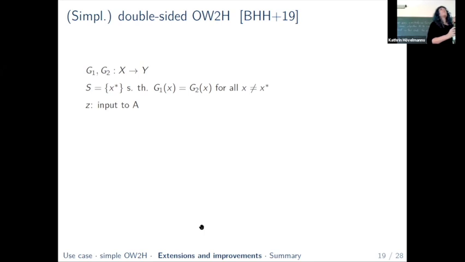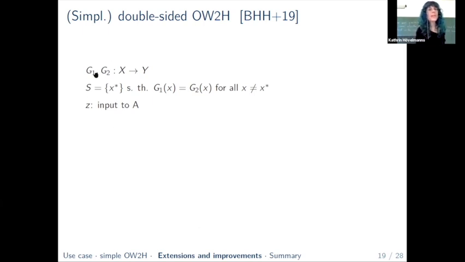And what I want to present to you now are several improvements on the bounds with smarter extractors, as hinted at before. So the first version I want to show you is double-sided one-way-to-hiding, and we'll see in a second why it's called double-sided.